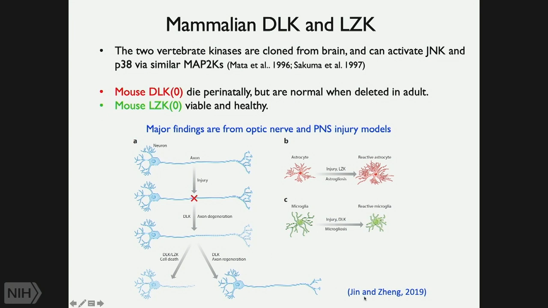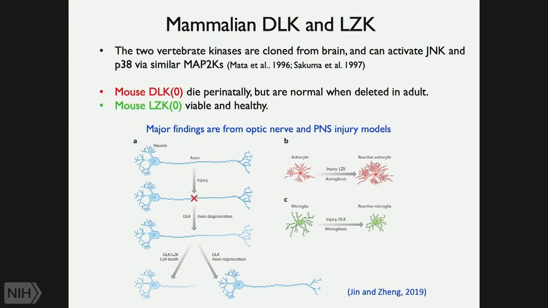My lab, in collaboration with Yishi Jin's group at UCSD, decided to focus on the LZK kinase, where we show that LZK has a stronger role in astrocytes following injury, and this is now called astrocyte reactivity, and that it is induced by injury and at least involves LZK.